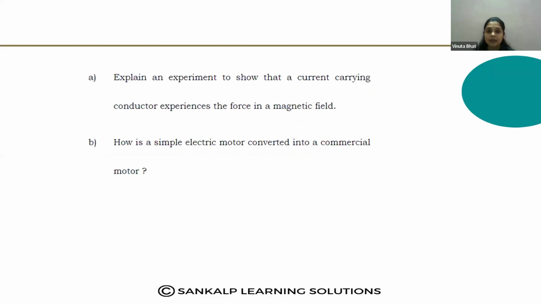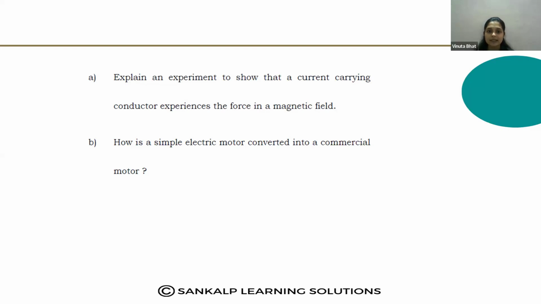Explain the experiment to show that a current carrying conductor experiences a force in a magnetic field. This experiment we have discussed, so that you have to explain. That is Fleming's left hand rule that you have to explain with the experiment.